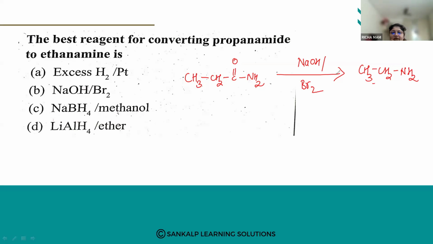So from propanamide, I'm going to get ethanamine, with NaOH in the presence of Br2. Let us go for the next one. This is a Hofmann degradation reaction. You can see one carbon is less, right?